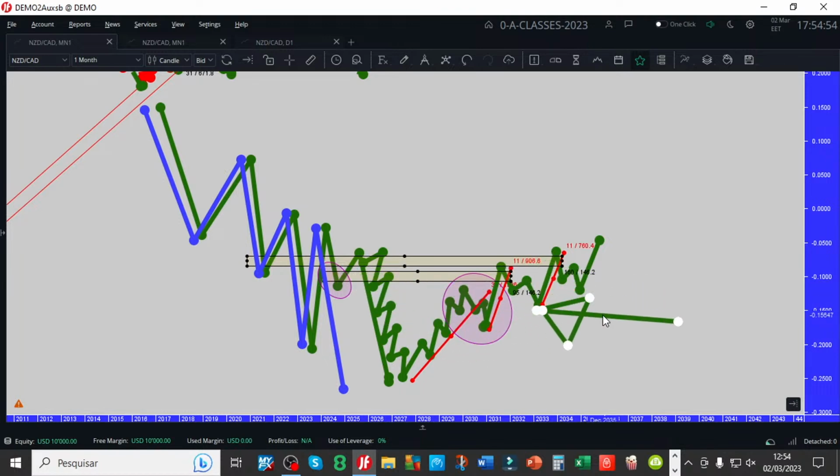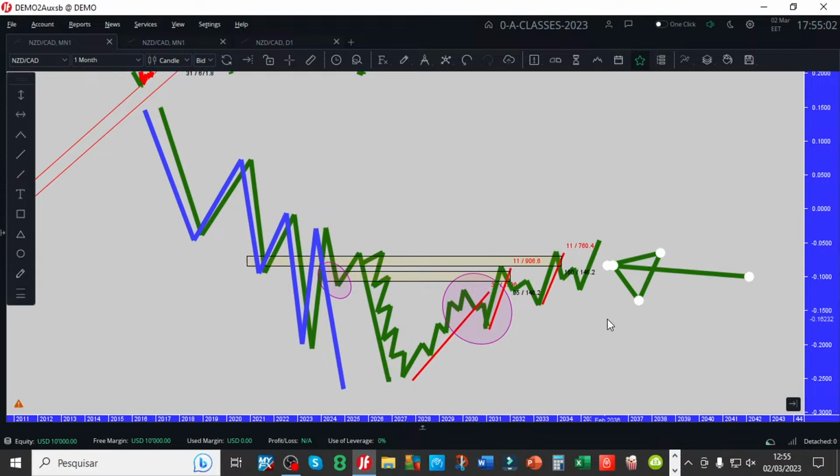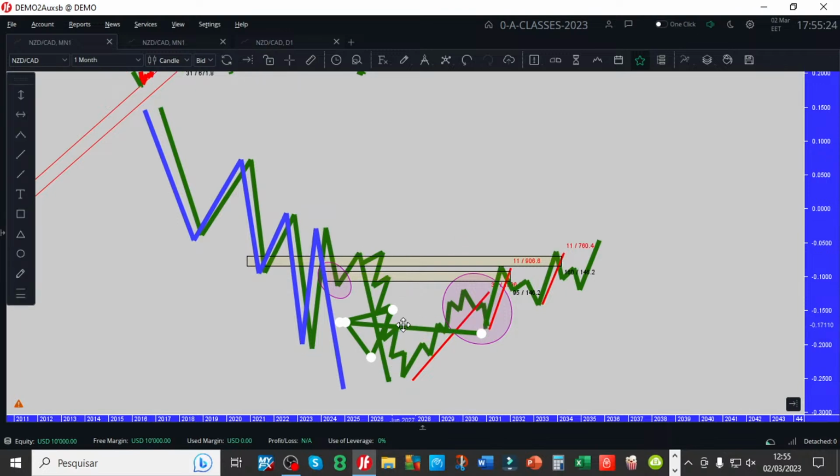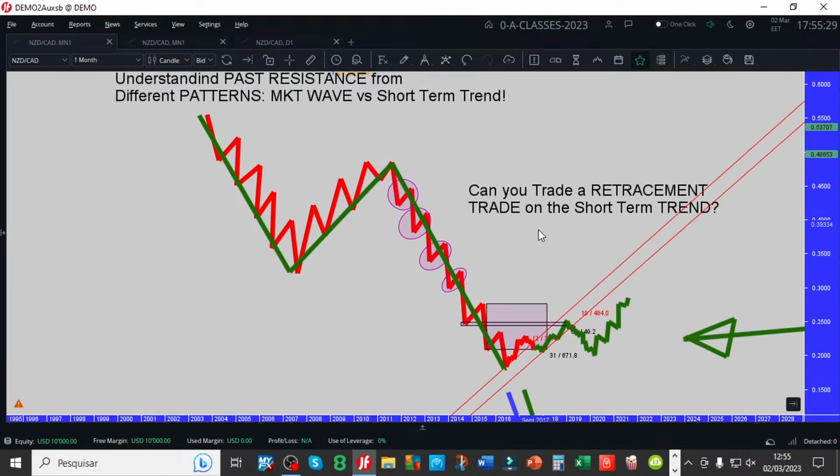You enter the second trade going short and the market stops you out for the second time. Don't enter again, because most likely, and this is difficult to understand, you are trading the short-term trend in the correct way, but you are going against the market wave. Wow, this is something to learn, right? Boss, can you repeat, please? Now you got it.